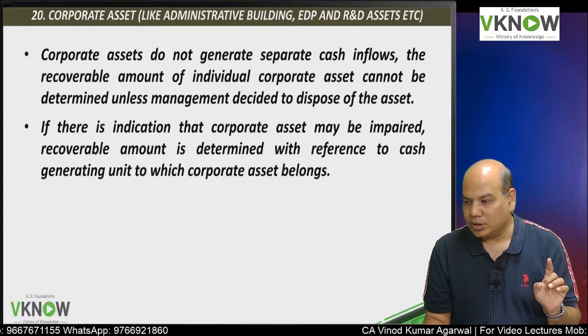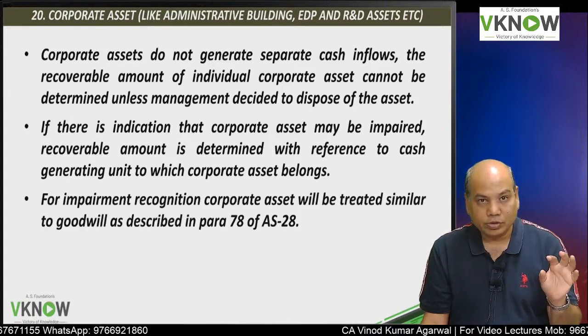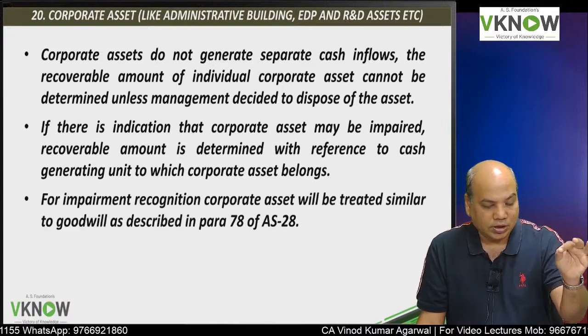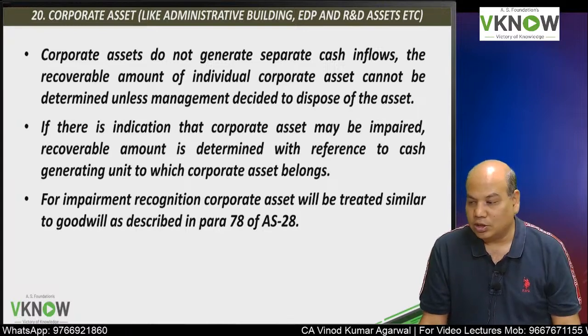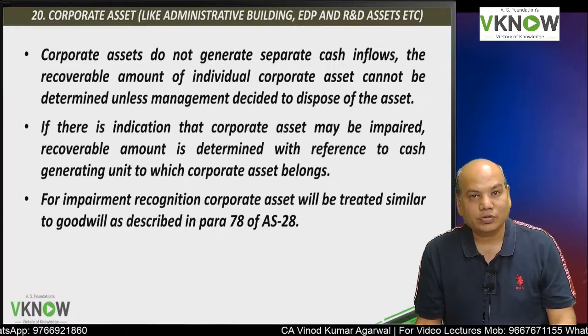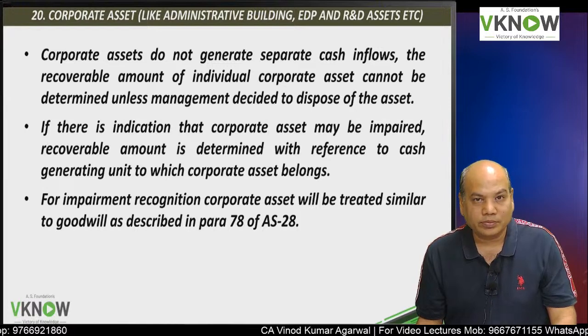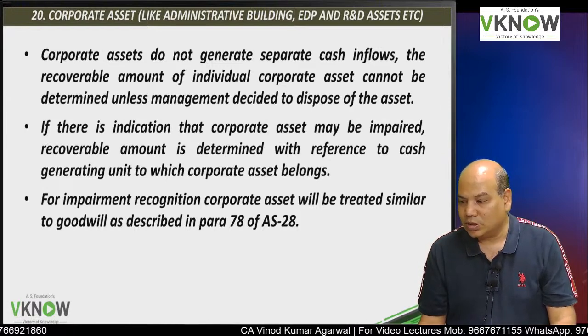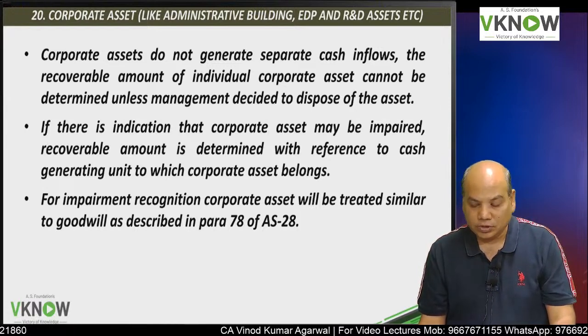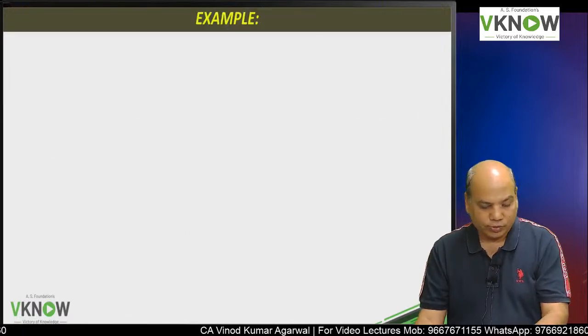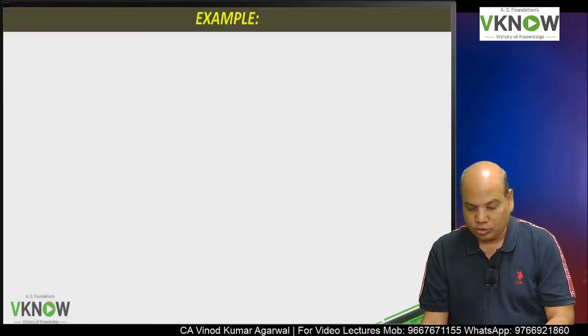Again, there are two possibilities. One is that the corporate asset can be reasonably and consistently allocated, and second is that the corporate asset cannot be reasonably and consistently allocated. Therefore, I am going to first explain what you have to write.